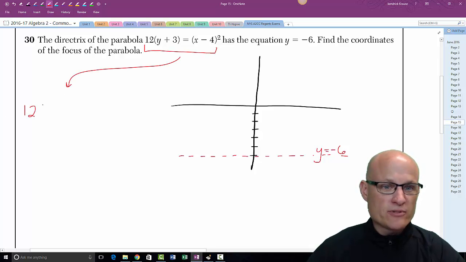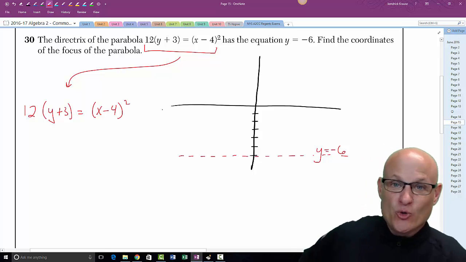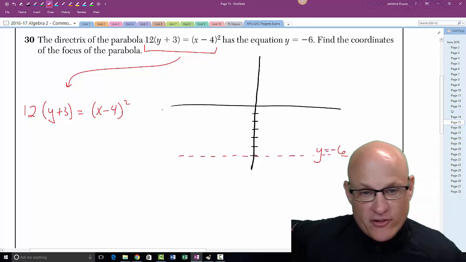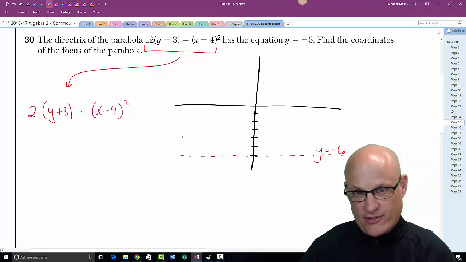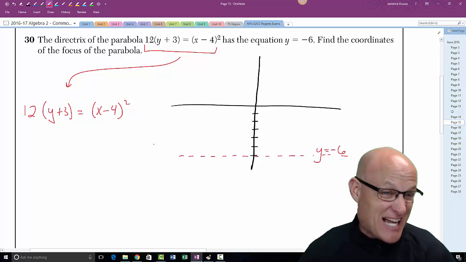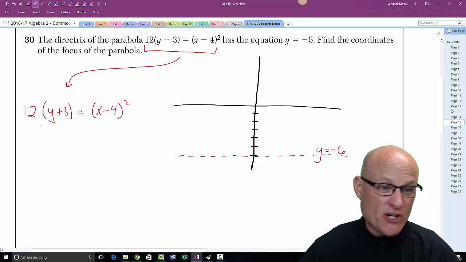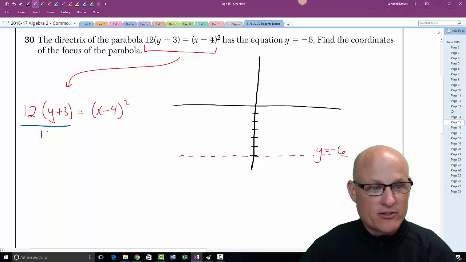12 times y plus 3 equals x minus 4 squared. Now, if you started double distributing all this stuff out, you are going to have a wreck on your hands. So that's why it was a kind of tricky question. But if you saw right away, I can just divide by 12. Now, here's the trick.